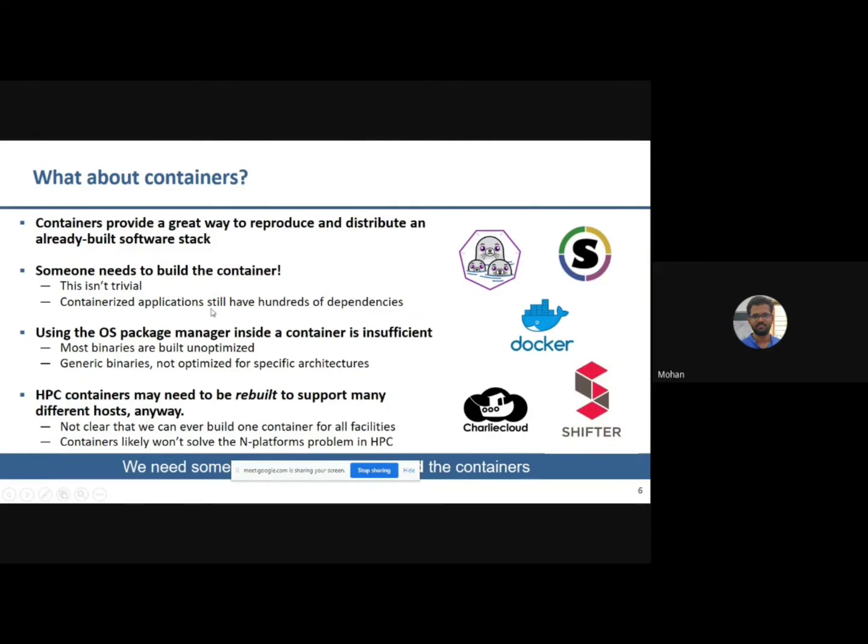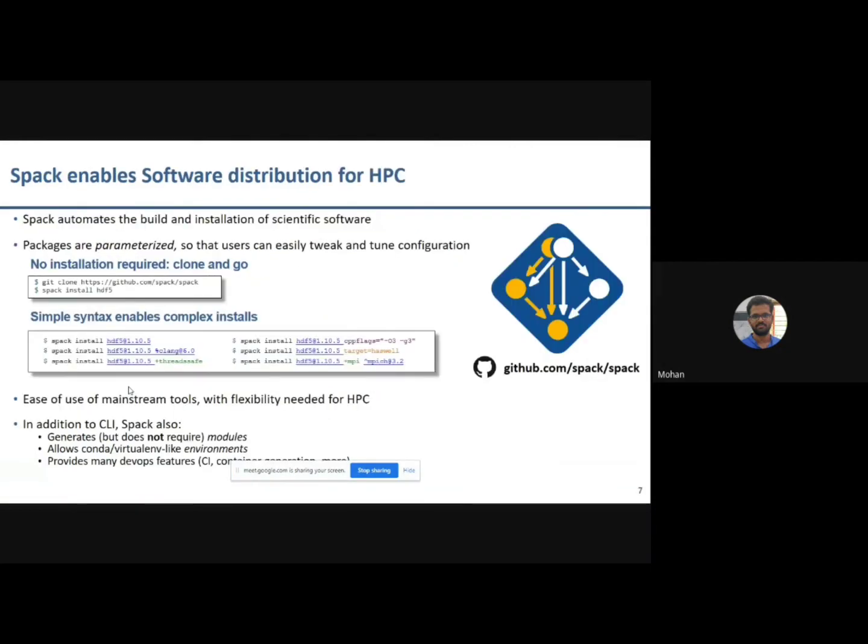But the problem is creating the images for each and every combination is very difficult, and building container packages with each and every OS package manager consumes a lot of memory, so it is inefficient for supercomputers. To address all the performance necessities, HPC containers need to be rebuilt for every combination that is required. So going with only containers and manually developing recipes is also not a feasible solution. So what should be the feasible solution?